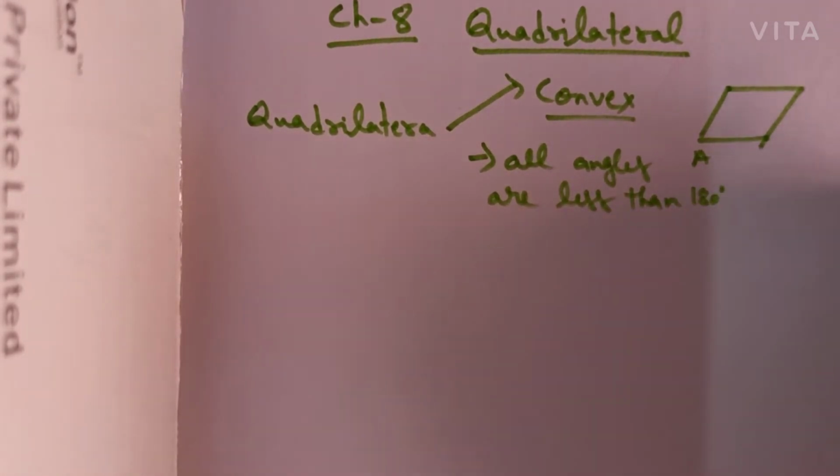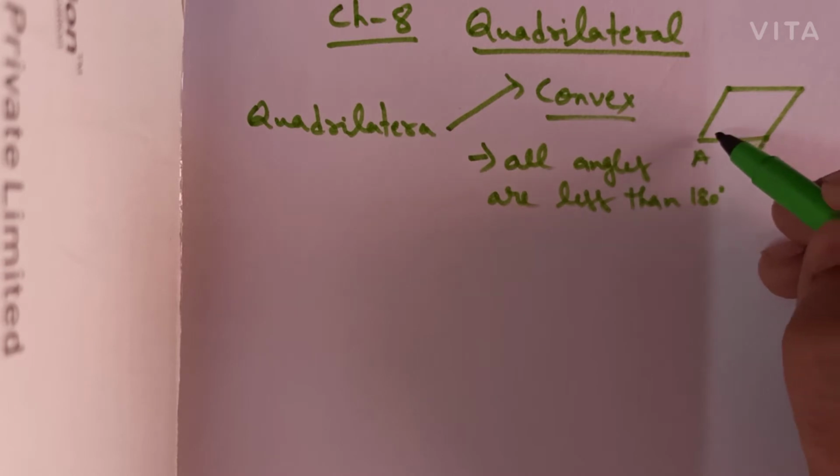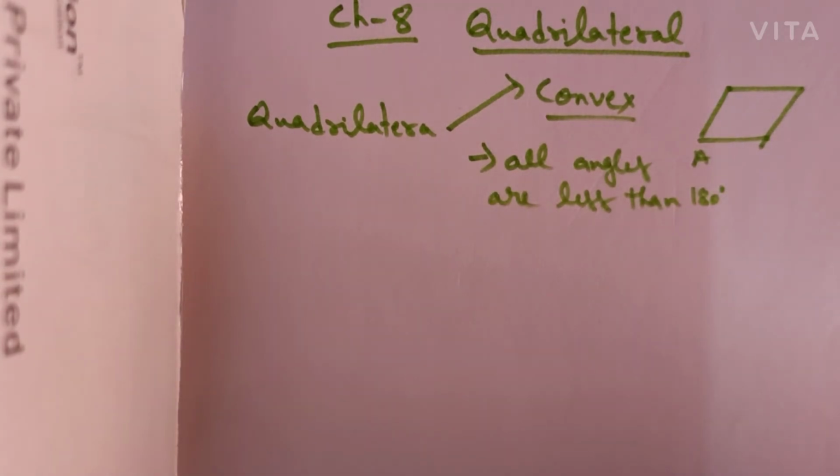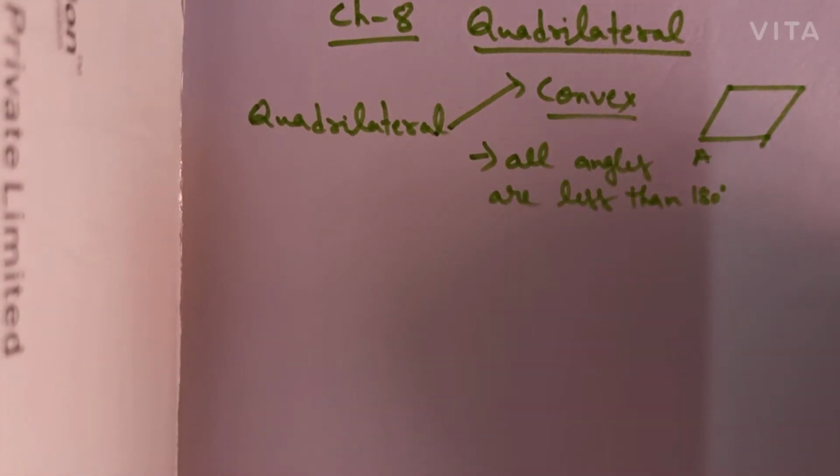As you can see clearly in this quadrilateral, two angles are acute and two angles are obtuse, but all the angles are less than 180 degrees. Such a quadrilateral is called a convex quadrilateral.